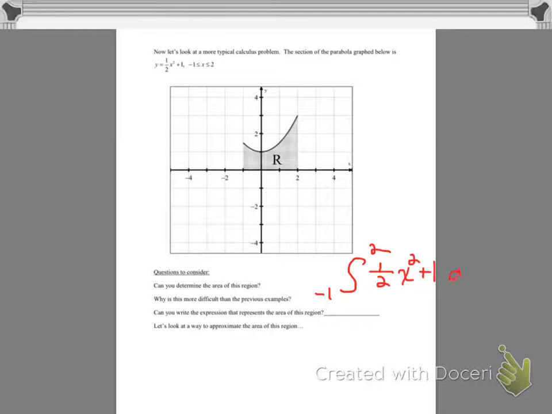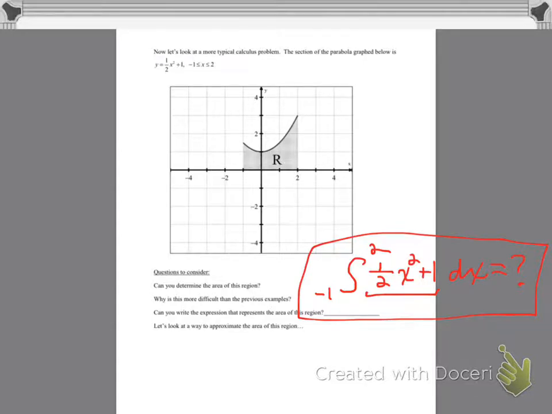And we're always going to put the dx after a function. So there's your function, there's your dx, and that's how I would write that expression for area. I don't know what that area is, but I do know how to write an expression for it. So let's go on to the next page and see if we can figure out how to approximate the area under an irregular shape.